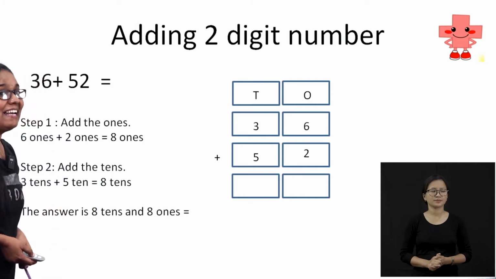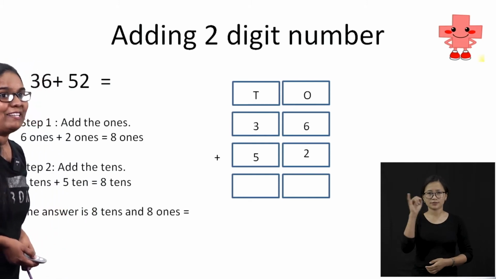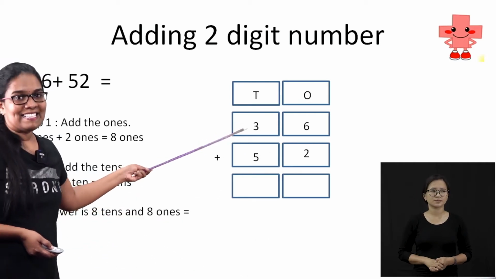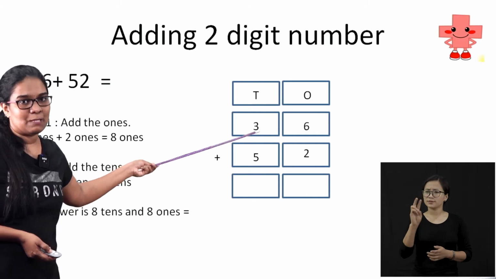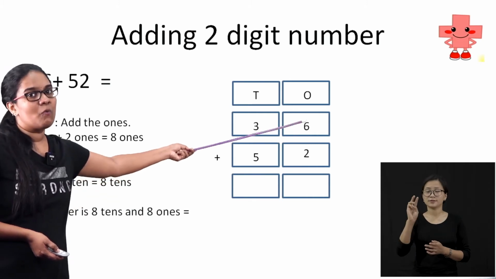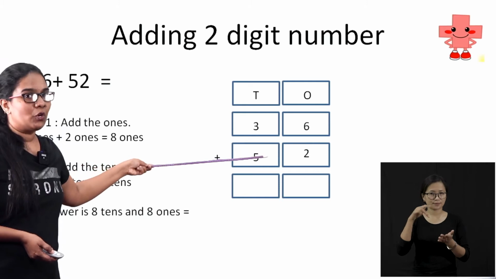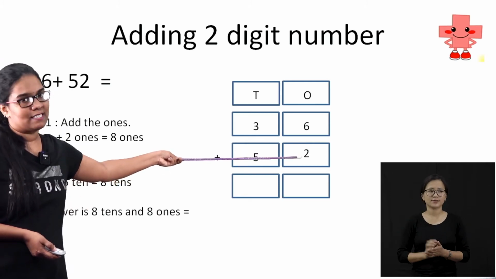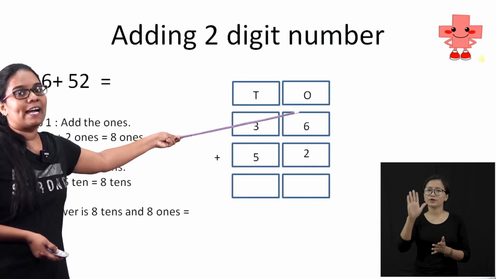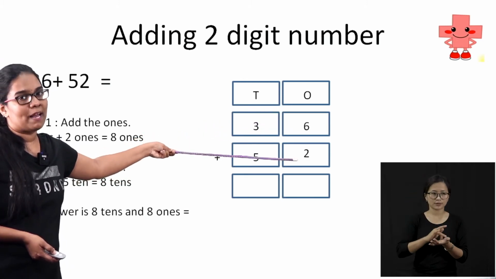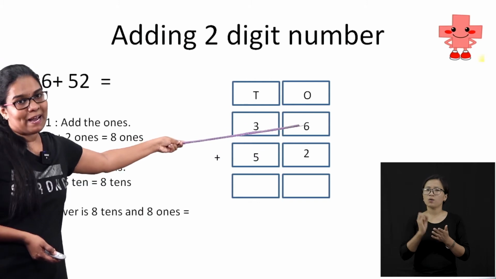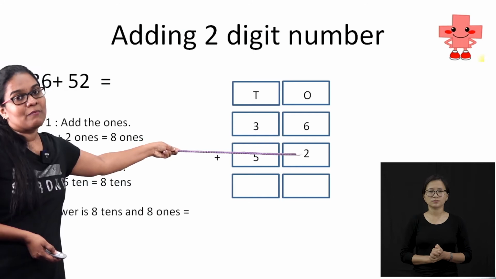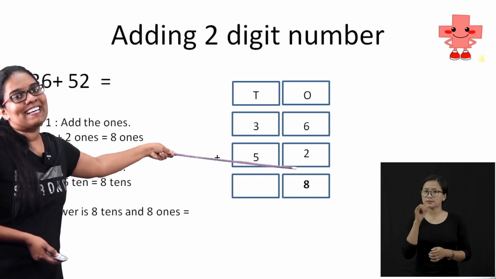Next, we are going to add 36 and 52. In 36, 3 is in the tens place and 6 is in the ones place. In 52, 5 is in the tens place and 2 is in the ones place. First, we add the numbers in the ones place, 6 and 2, and we get 8.